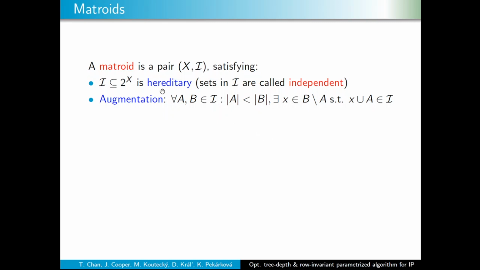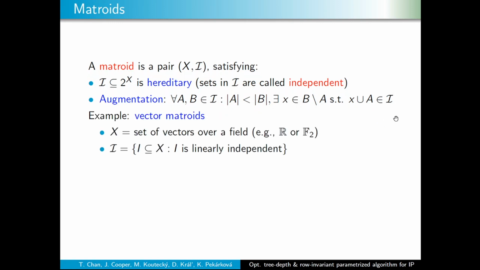Firstly, it's got to be what's known as hereditary, which means that for any set in I, all of its subsets must also appear in I. And it must also satisfy the augmentation axiom. This means that if I pick any two sets in I, where one is bigger than the other, say B is bigger than A, then I can find a matroid element in B that's not in A, and I can put it in A, and the result is a set in my collection I.